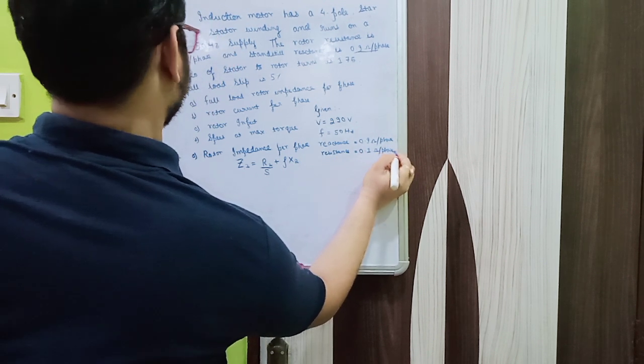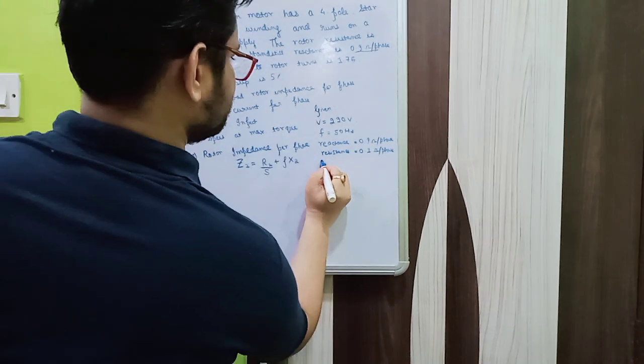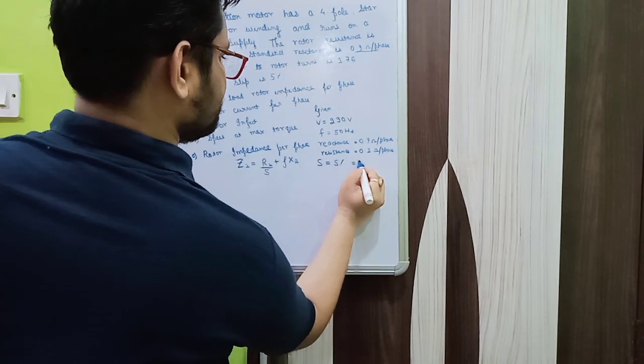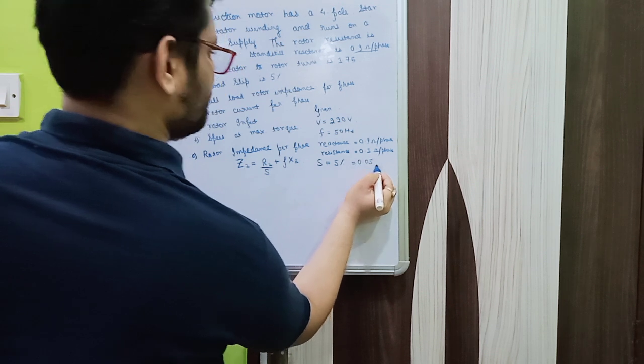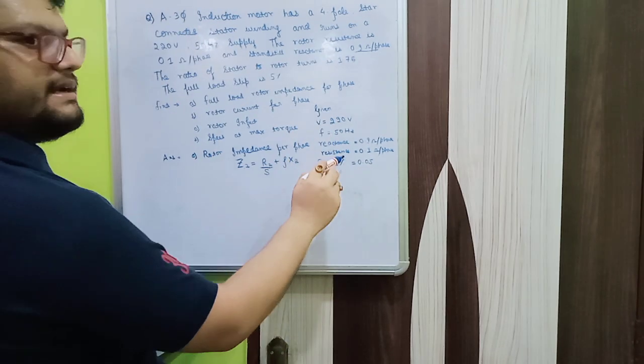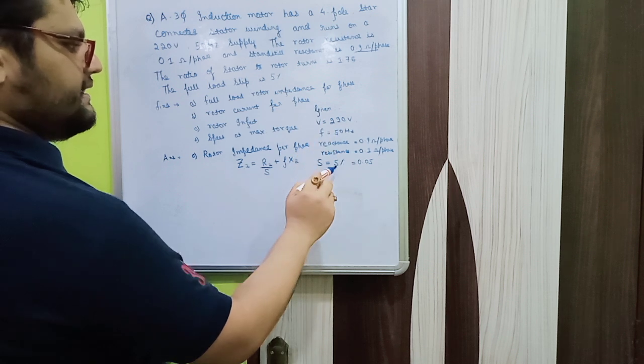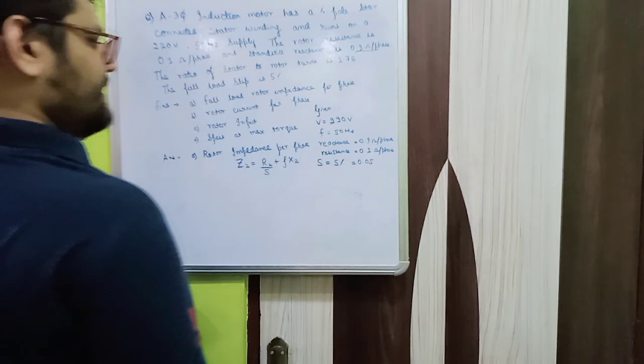The other is the full load slip, given as 5%, so we can write it as 0.05. This is the given data: frequency, voltage, slip, resistance and reactance.